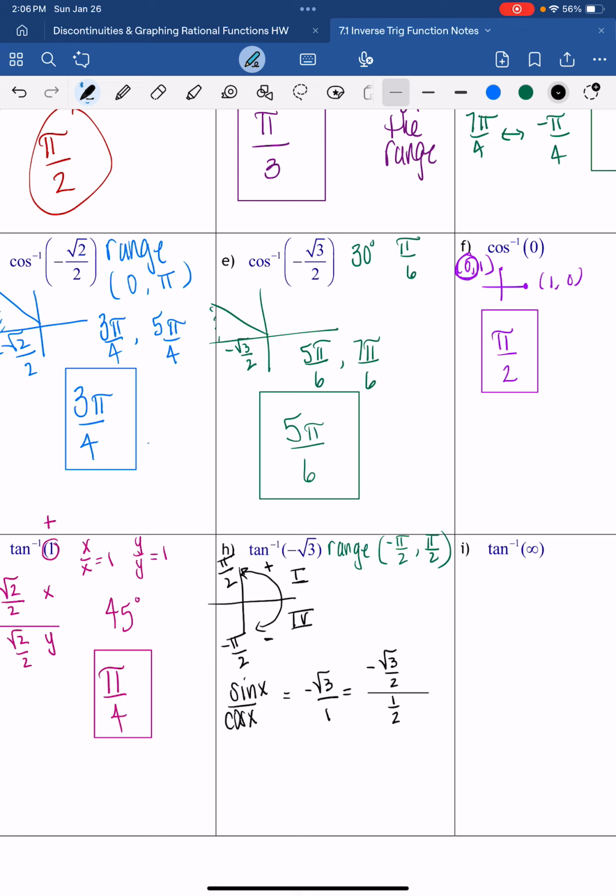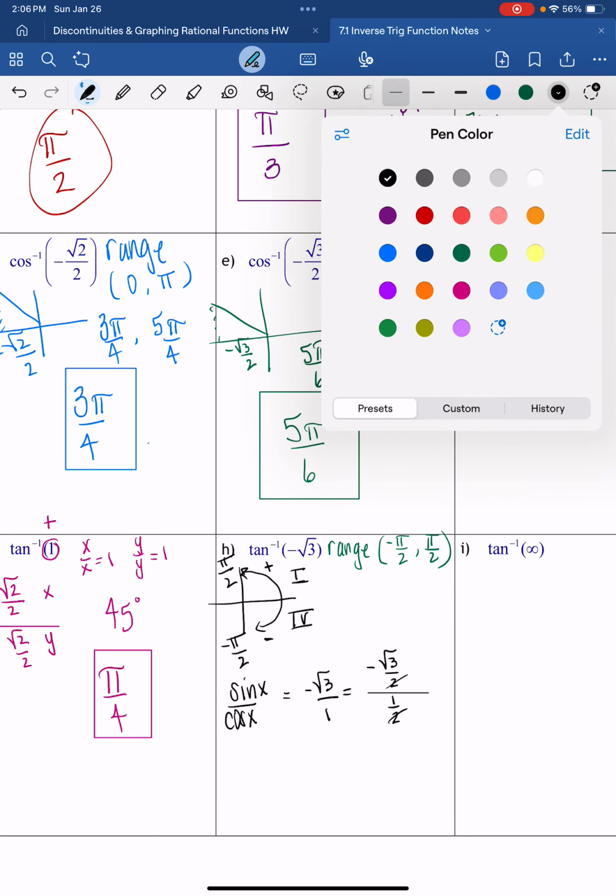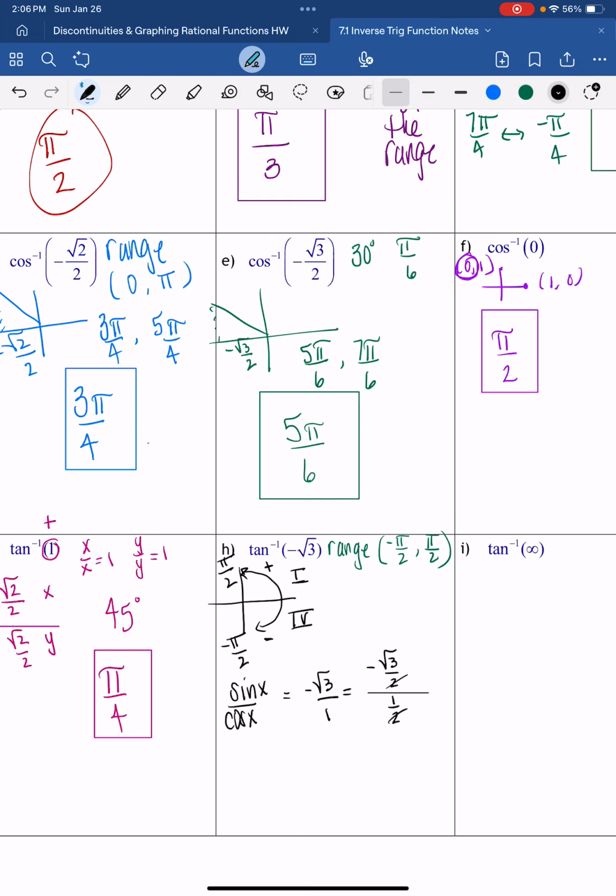When you reduce these, you end up with negative root 3 over 1. The angle with a sine of root 3 over 2 is 60 degrees, so that's going to be pi over 3. But I want my answer to be in quadrant 4, so that's going to be negative pi over 3.